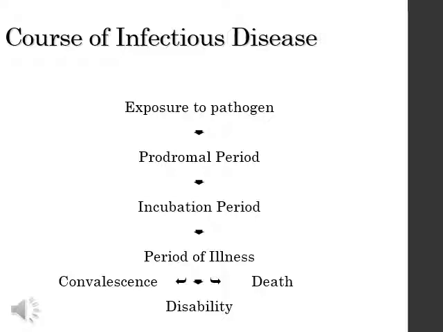So during the course of an infectious disease, when the disease develops, what steps are involved, starting from the exposure of the pathogen. First of all, to cause disease, the body must be exposed to the pathogen. So if the pathogen penetrates, and the body is exposed to the pathogen, then it will be the first step. So exposure to pathogen is actually the first step. Then the pathogen will move into the prodromal period. What is the prodromal period? I will discuss this in the next slide. Then after the prodromal period, there is the incubation period of disease, and after the incubation period, the illness.